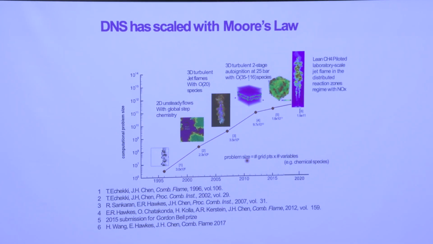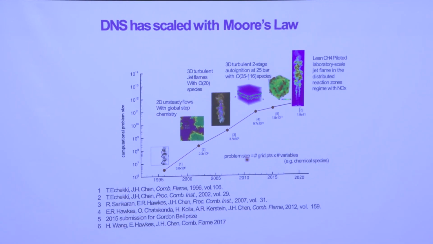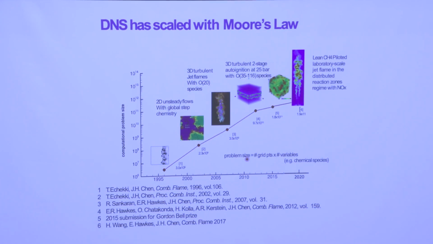What I've plotted here on a semi-log plot is the computational problem size or computational intensity of these DNS calculations, dating all the way back to 1995 or 1996, on up through over 2 decades of computing. You can see that with the exponential growth in HPC, we're able to keep up with our simulations, largely through these co-design efforts with CS guys.